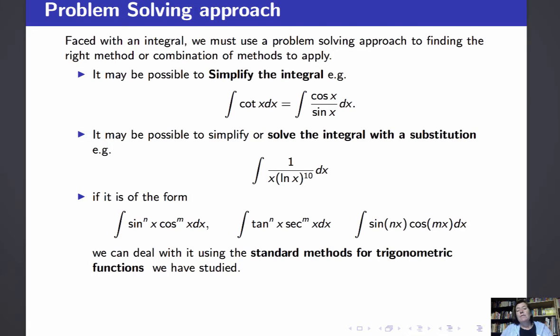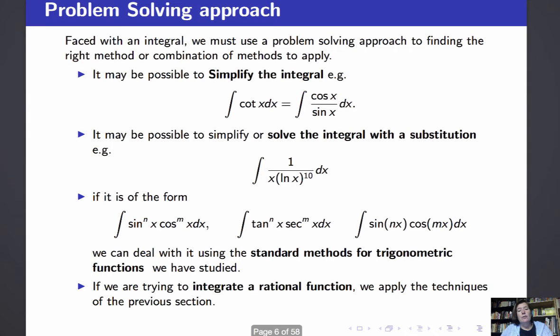If our integral involves mixed powers of sine and cosine, or mixed powers of tangent and secant, or a product of sine and cosine of multiples of x, then our standard methods for trigonometric functions are going to work. And of course, if we're trying to integrate a rational function, theoretically, our method of partial fractions always applies.